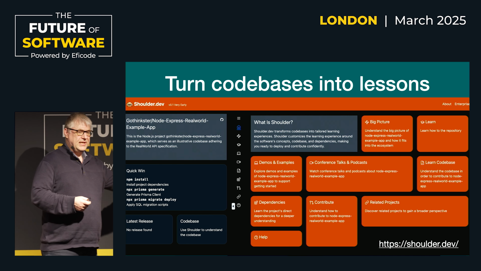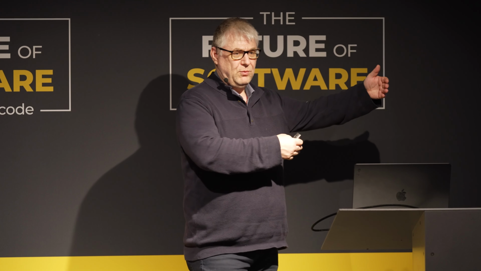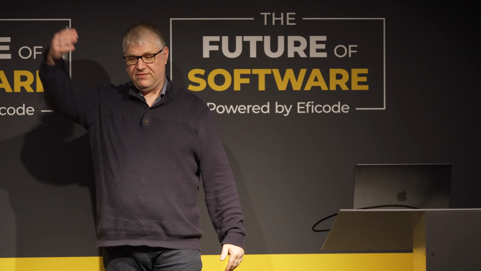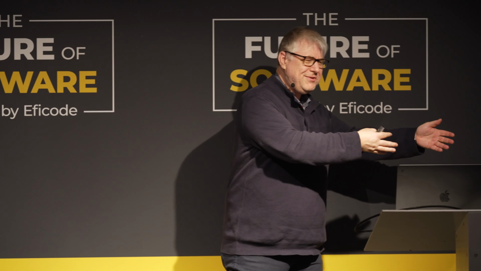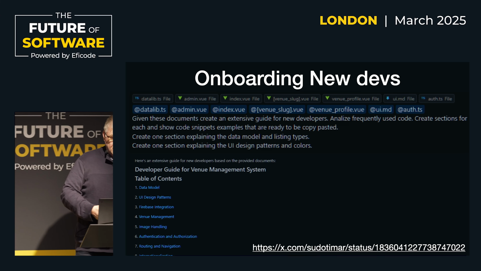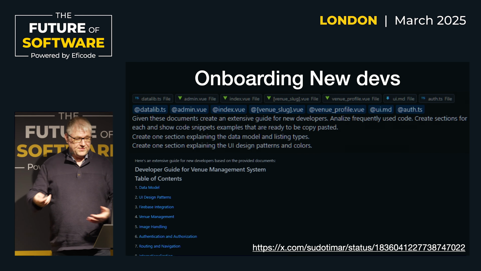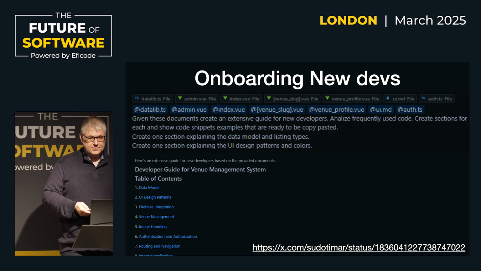Let's take that code base and turn that into lessons, because we have information about the prompts that we build. We keep track of that stuff. We have the product requirements. And so if somebody asks, why are we doing this again? Well, here's all the knowledge that you need. Onboarding new devs, what are your standards? That turns it into knowledge as well.